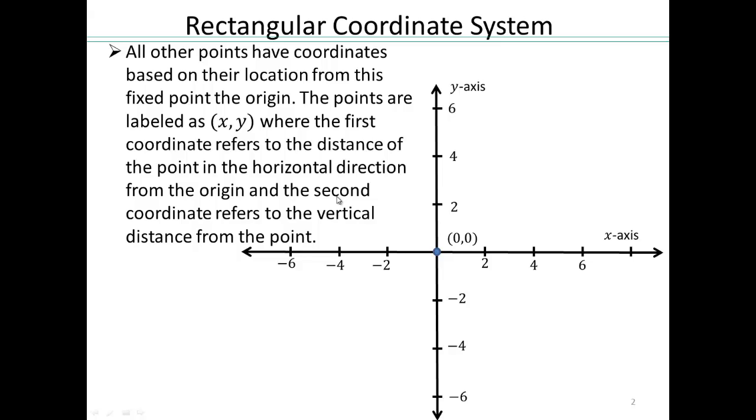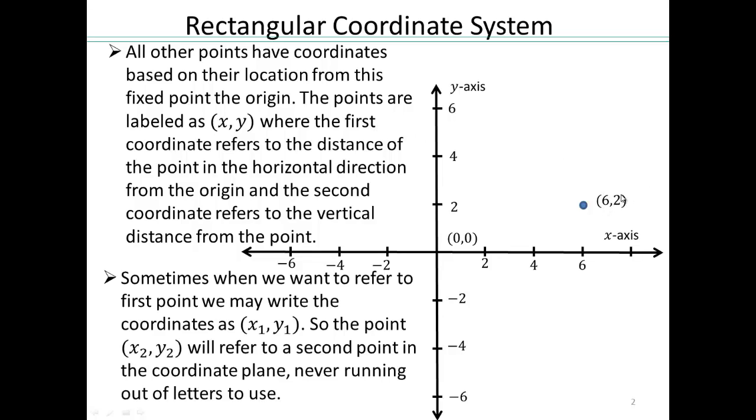If you take a particular example, let's say you go 6 horizontally and you go 2 vertically, then what do you think that coordinate should be labeled as? First coordinate is the x, second is the y. So the ordered pair 6, 2 represents this point here. And you can see how we are ordered here. Depending on where you are, the coordinates will change. But always the x coordinate comes first, the y coordinate comes second.